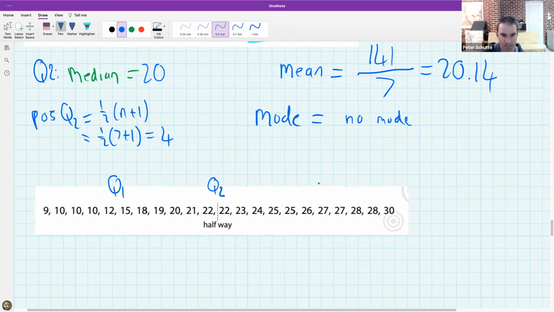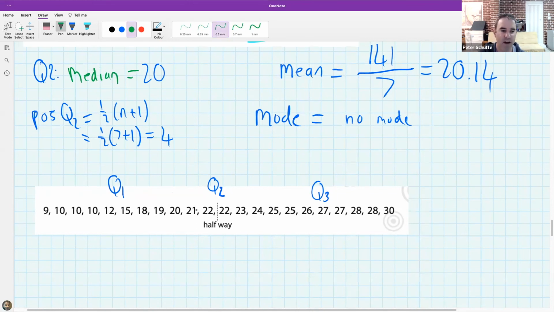And we talk about something called Q3. And what Q1 and Q3 do is they divide up the lower half and the upper half of the data. One way of saying it is 25% of the data is down here, and 25% of the data is above here. What these measures do is they're basically telling you different positions in the data set.